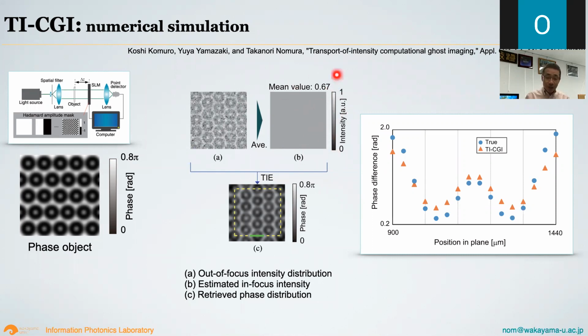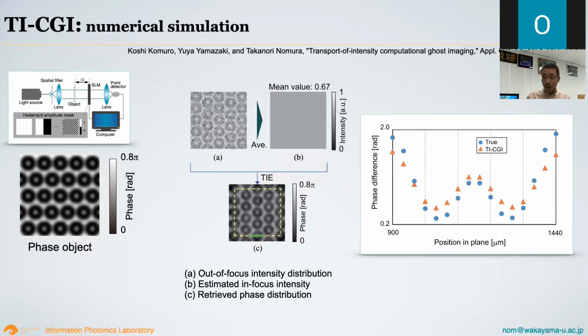By using these images, we retrieve phase distributions by TIE like this. The cross section of the green line shows this area.